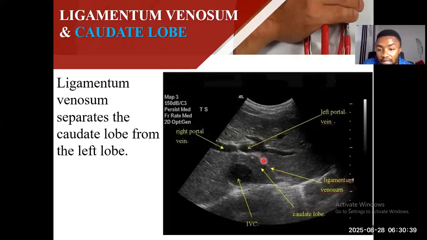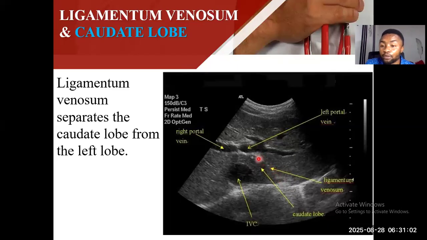So you can see the ligamentum venosum here. Very tiny here. These ligaments that we are talking about, they are not too evident that you put your probe out and the other you are seeing. Please, you have to search for them. Your machine also needs to be a bit powerful to see them clearly.